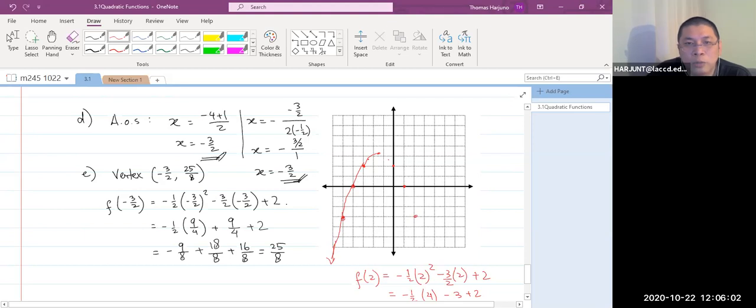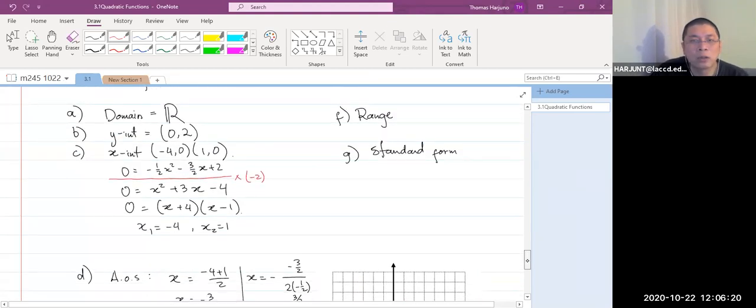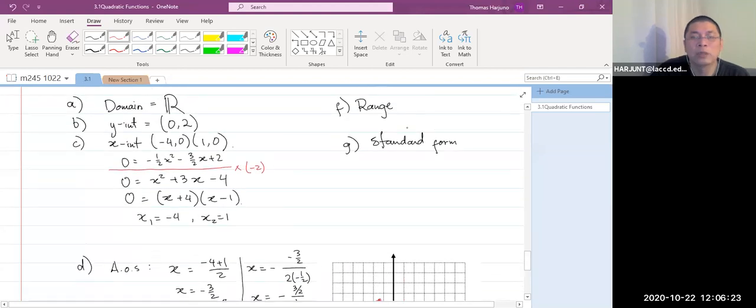I don't expect you to be able to do the graph super smooth, but at least you plot the important coordinates at their place first. Okay. Oh, we get the vertex. So how about the range? The range will be from -infinity up to 25/8.